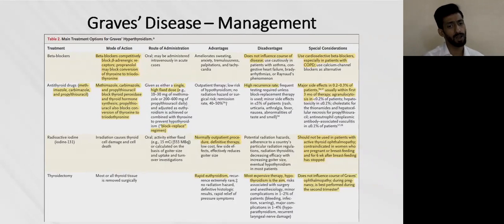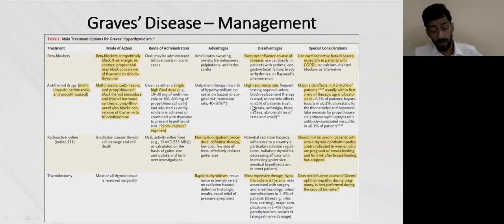So antithyroid drugs commonly used are methimazole, carbimazole, and PTU. PTU is generally preferred either in first trimester of pregnancy or in thyroid storm. Otherwise, in most clinical conditions, we prefer carbimazole. It is usually given as a single dose, at a higher dose and then titrated down, and not a lower dose titrated up.